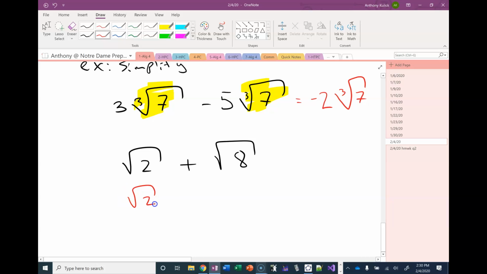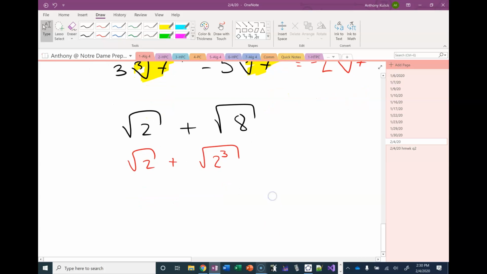So remember, 8 is 2 to the third. So what can I take out of the square root of 2 to the third? 1, 2. And how many 2's are left then under the square root? One of them.